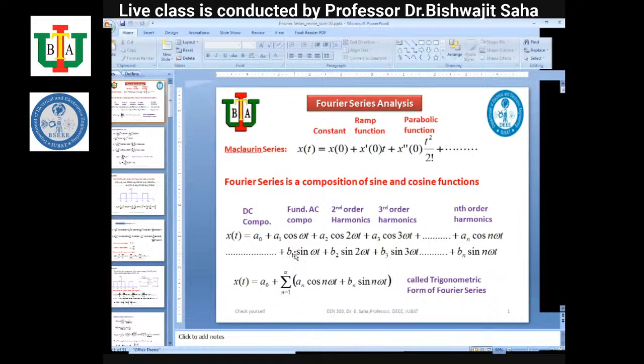So one objective of Fourier series in electrical engineering is to design a filter. Another objective is to analyze a circuit in the frequency domain.